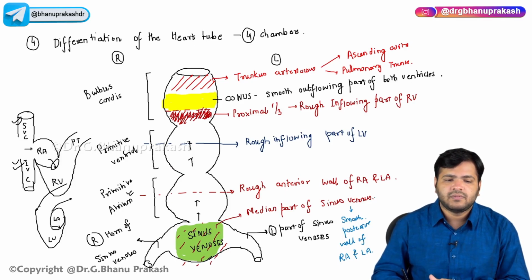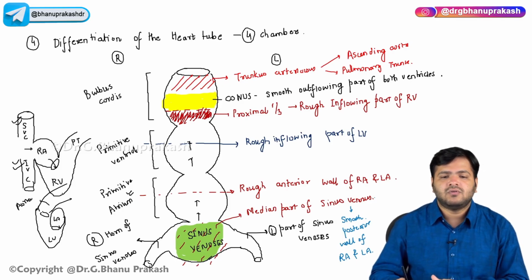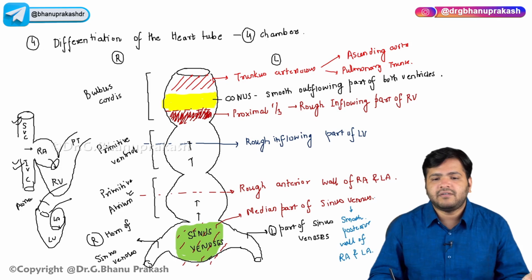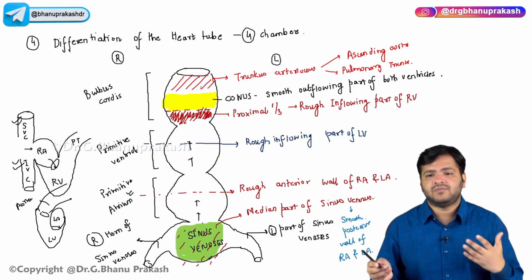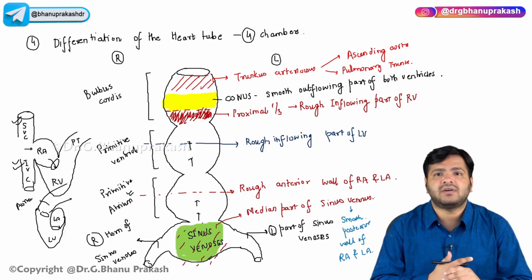The aorta. After the primitive ventricle, what is coming? The truncus arteriosus at the end, which is now giving rise to the aorta.